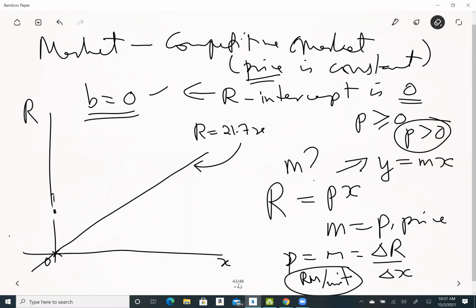Sketch your own graph on your note and then describe to me how your cost function looks like. Anybody who gets the line?